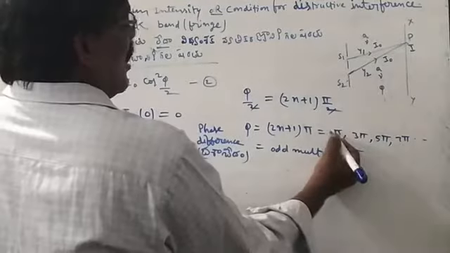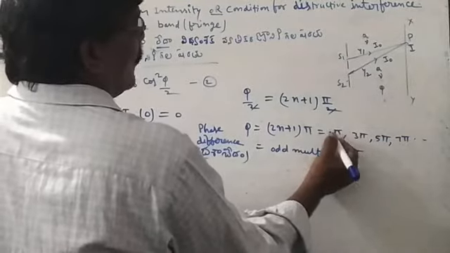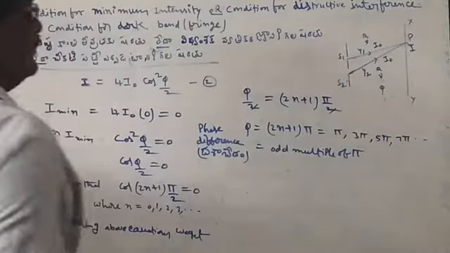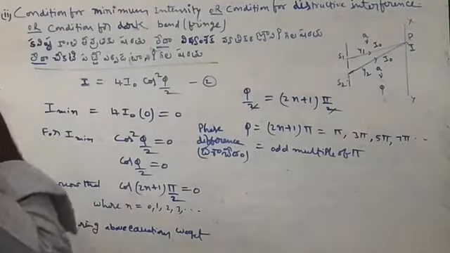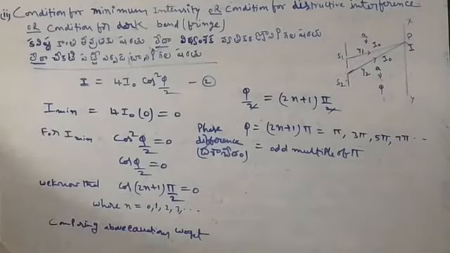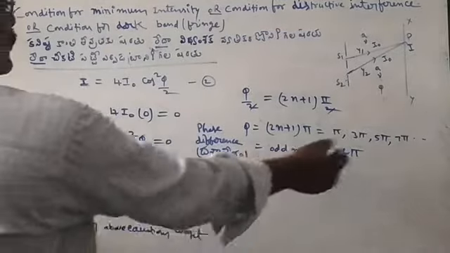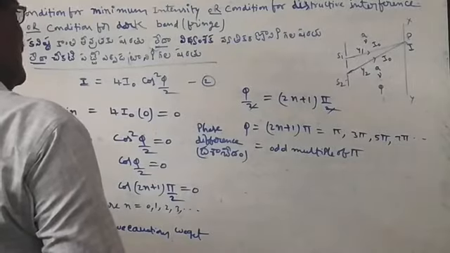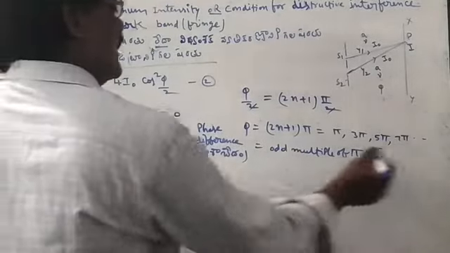That means odd multiple of pi. This is the condition for destructive interference, or condition for minimum, or condition for dark band.